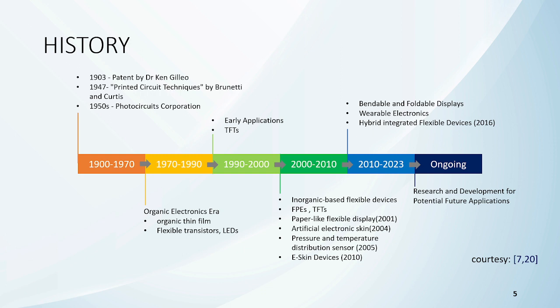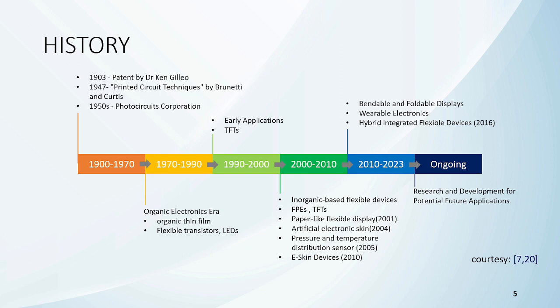Some of the flexible electronics developed in that period are the paper-like flexible display in 2001, artificial electronic skin in 2004, and pressure and temperature distribution sensors using flexible components in 2005. Then in 2010, e-skin devices were developed.